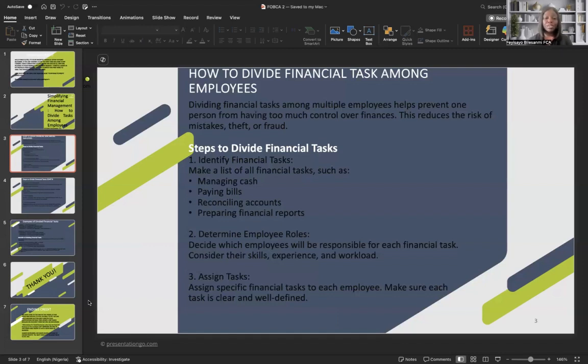Now, let's look at the steps we need to take to divide those financial tasks. Number one, we have to identify the financial tasks that we need to divide: managing cash, paying bills, reconciling accounts, preparing financial statements. In some businesses, one person does all of this, the accountant. The person is managing the cash, paying the bills, reconciling accounts, preparing financial reports.